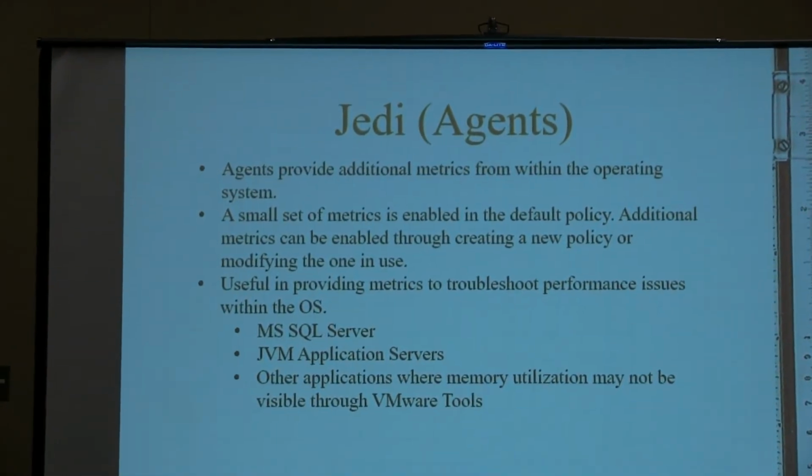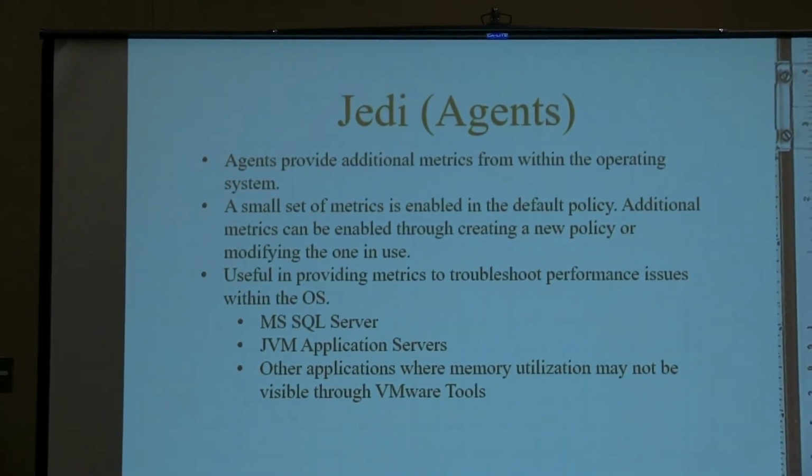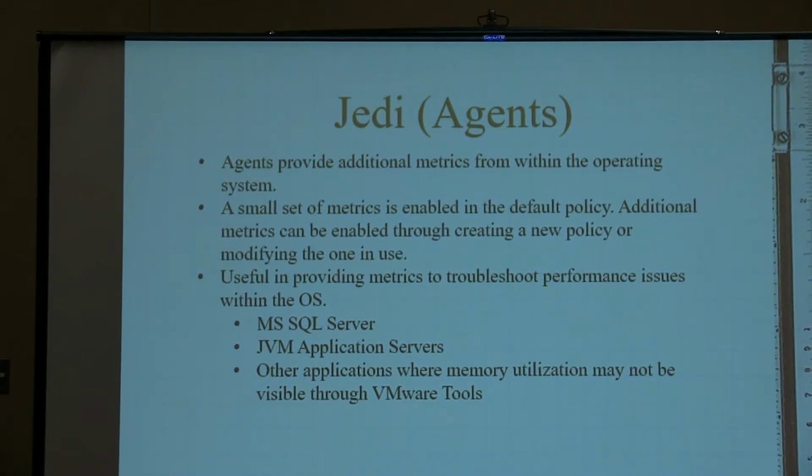We can actually evaluate swap, like what percentage of the actual swap space we are using from within the OS. We can look at network interfaces, whether packets are dropping, or how much capacity we have from a network perspective.